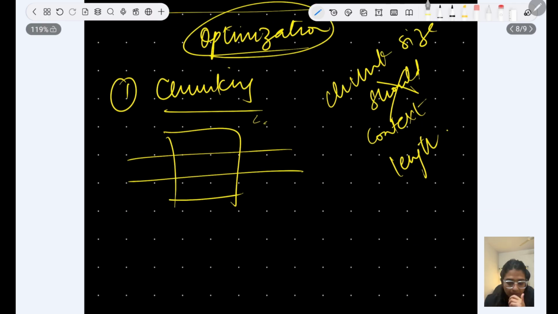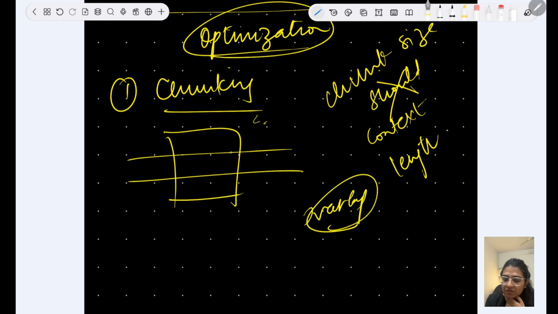Now, in chunking, what we do is we have a very large document, we divide it into parts, and then we pass it on to the language model. And you can split the document, and it is always recommended to do some sort of overlap. For example, you're cutting from line number 10.